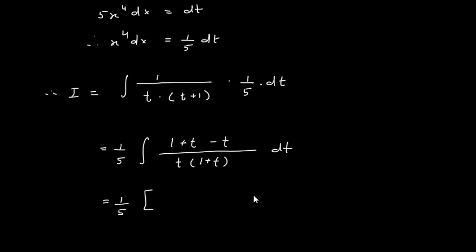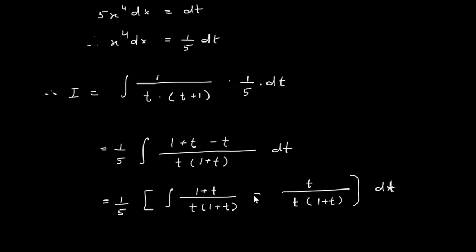Now you can split this as (1 plus t) upon t into (1 plus t), minus t upon t into (1 plus t), into dt.